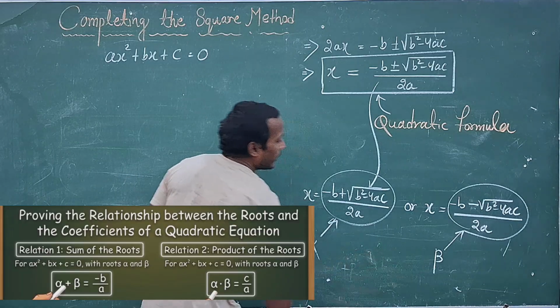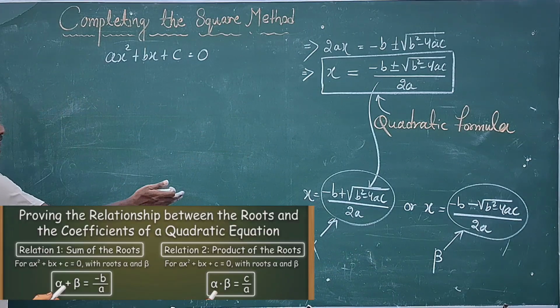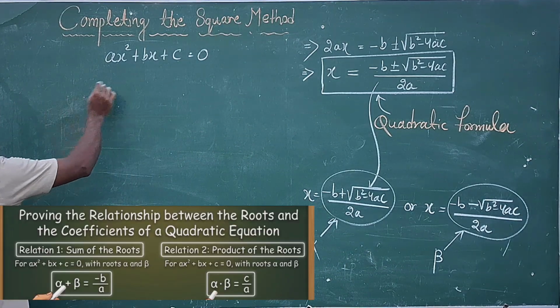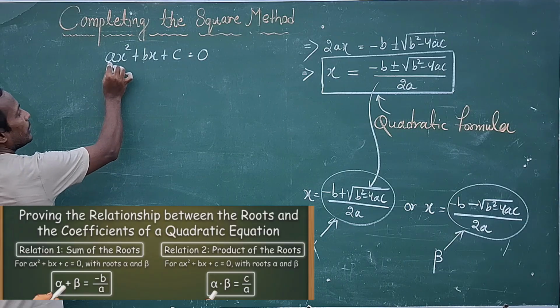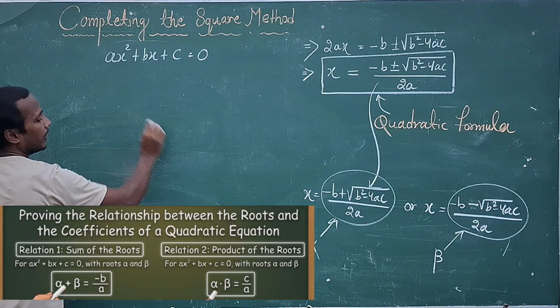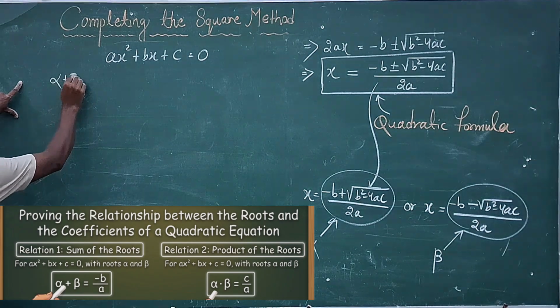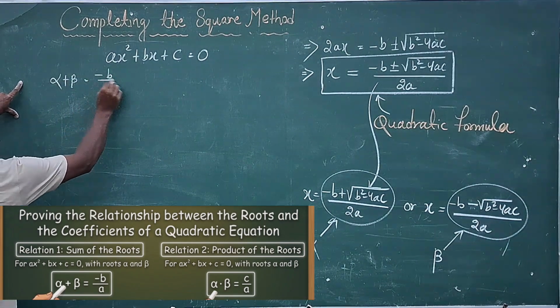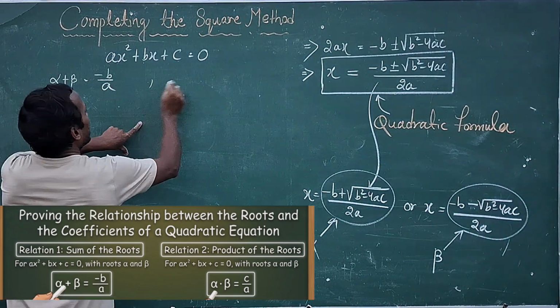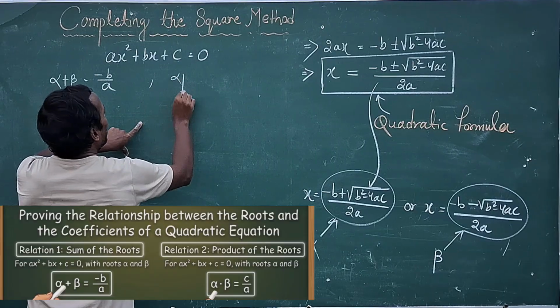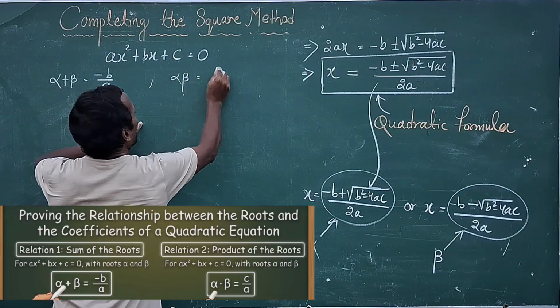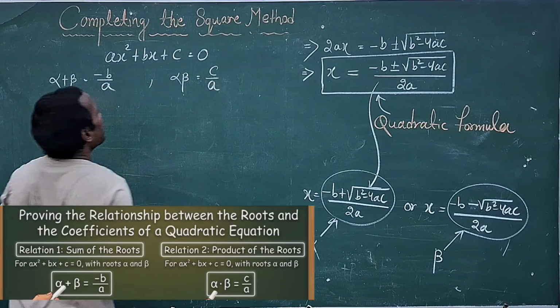The roots are alpha and beta. The relationship between coefficients a, b, c and the roots alpha and beta is alpha plus beta is equal to minus b by a, and the product rule is alpha into beta is equal to c by a.